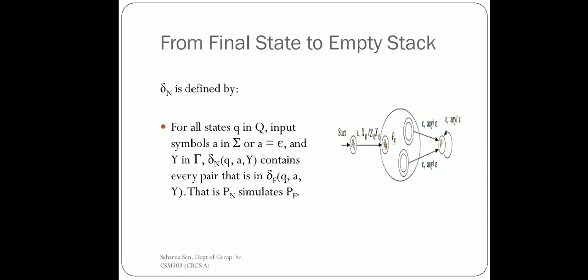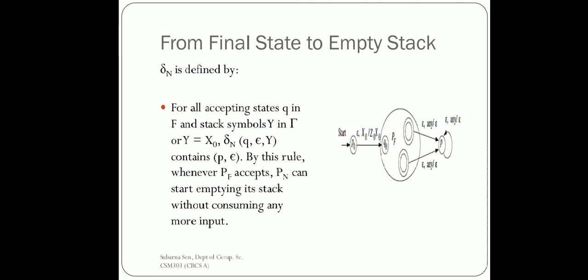It is written here: for all states small q in capital Q, for any input symbol a belonging to sigma, including empty input epsilon, and y in tau for any stack symbol, delta N of q, a, y contains every pair that was in delta F. So this part will get totally copied, nothing to worry. Fine.